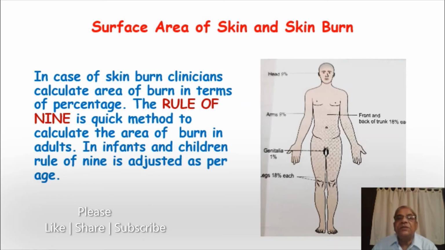In case of skin burn, a clinician does a rough area calculation in terms of percentage. That means the skin of the whole body is considered 100%, when you actually measure the surface area of the skin, that is around 1.5 to 2 square meters, depending on the size of a person.